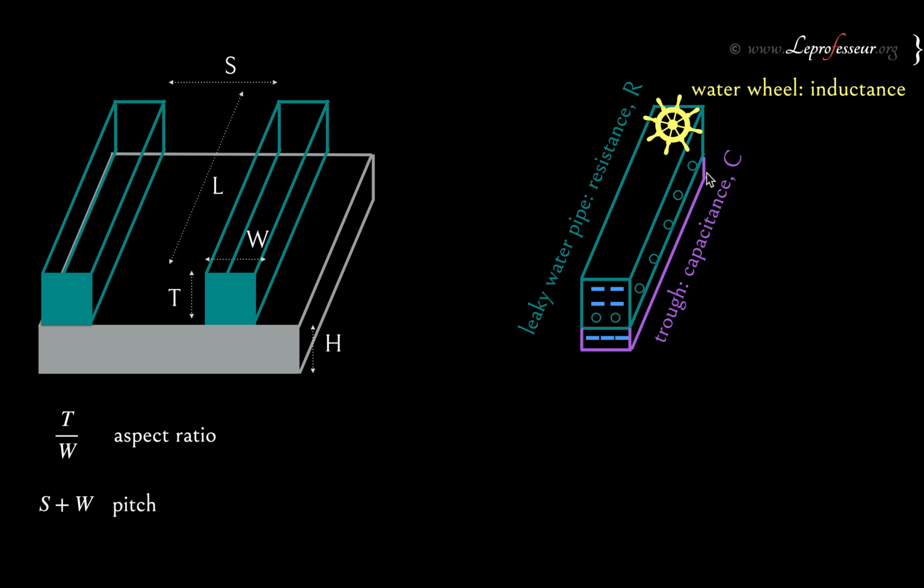So let's formalize or approximate it. We have some holes in the water pipe walls, and you may think of some kind of a trough from where the water is leaking through the side walls of the pipe.